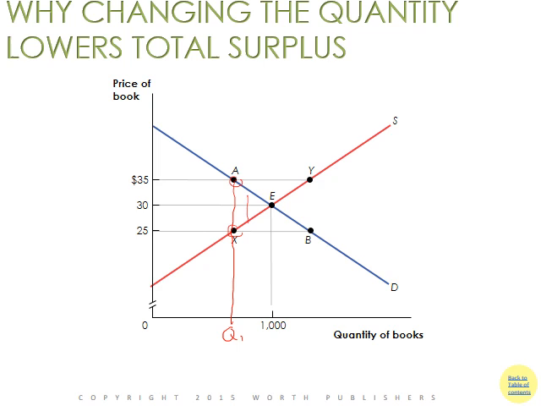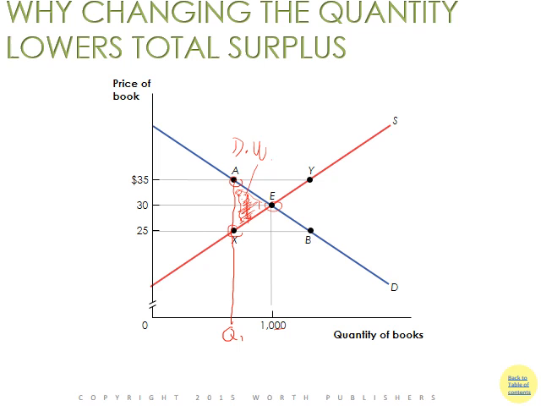Similarly, if you're at this quantity, buyers are willing to pay more than sellers are willing to take for the book. So there should be a transaction until you reach the point where buyers' and sellers' price is exactly the same. So there's going to be a loss of either consumer or producer surplus that's equal to the area of this triangle, which is sometimes called your deadweight loss. It's a loss that results from a quantity that's not the most efficient quantity.